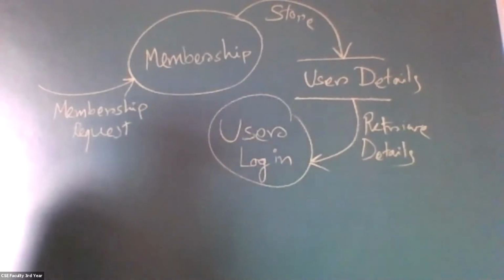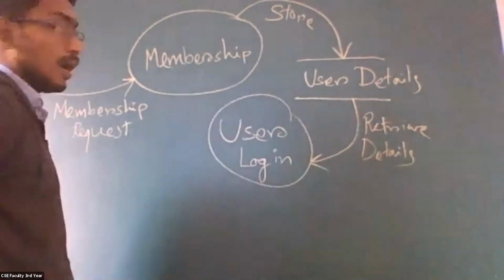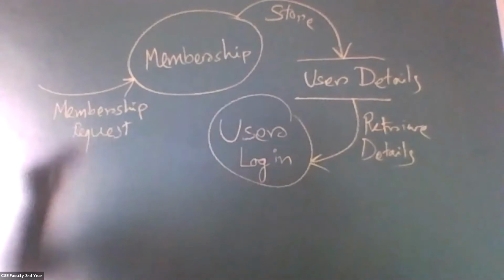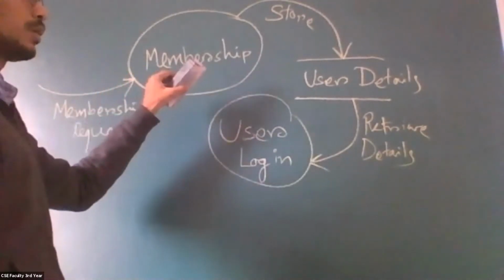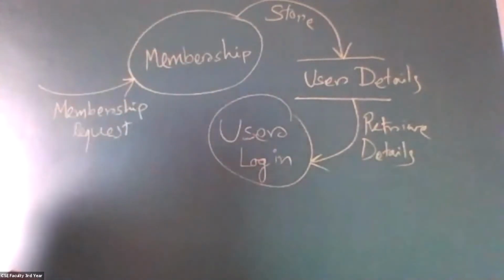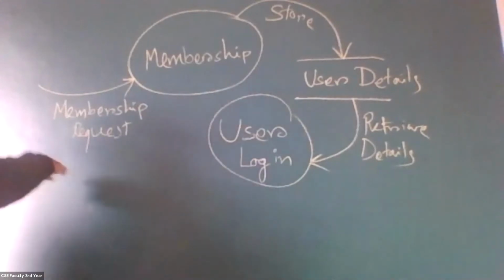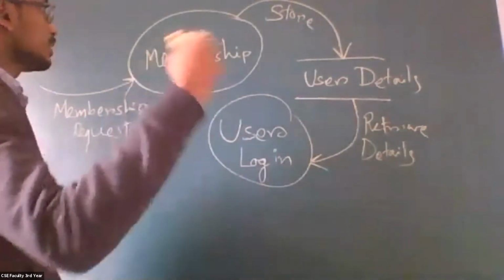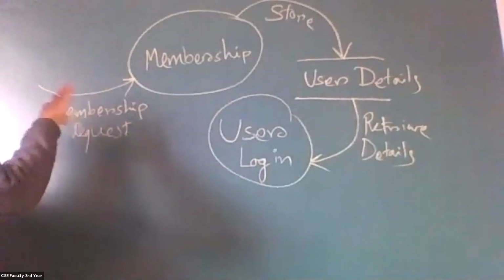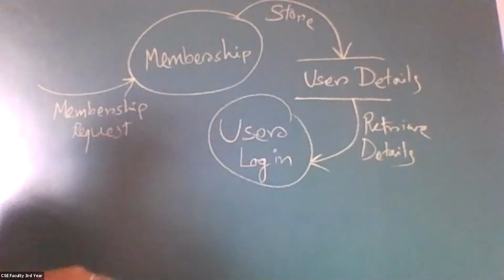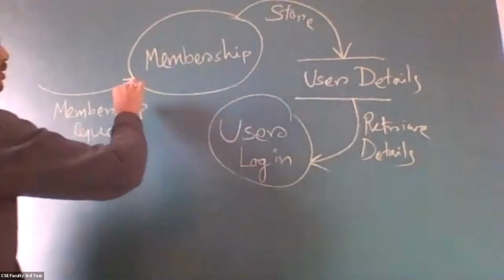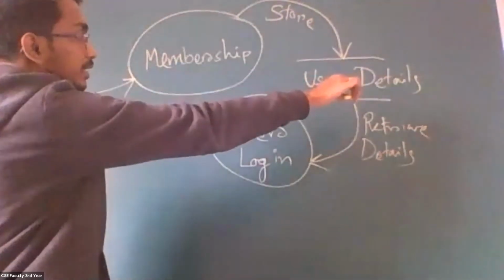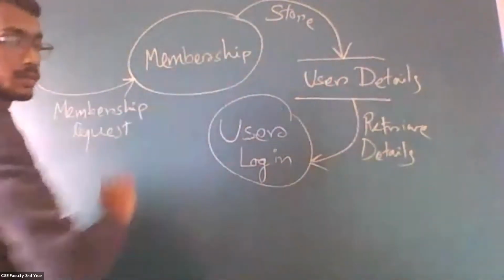Is it clear? A member, a user, is requesting to take a membership for the library management system. And whenever he puts in all his details, this membership process will store the user details to a database.